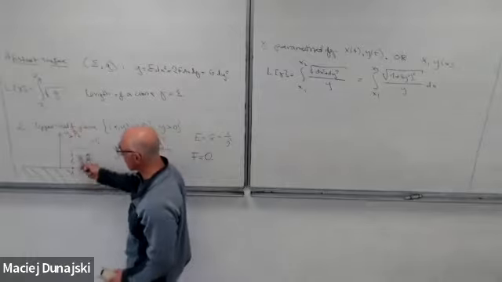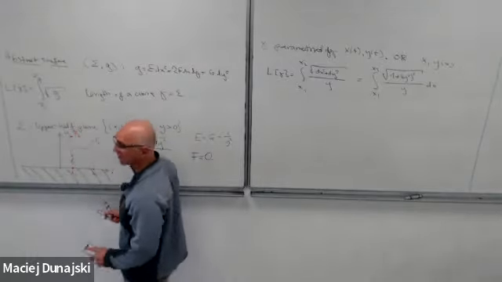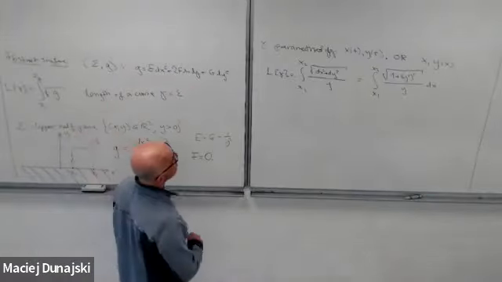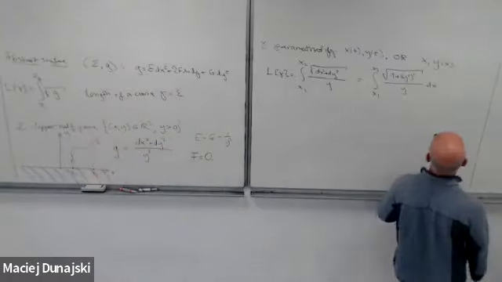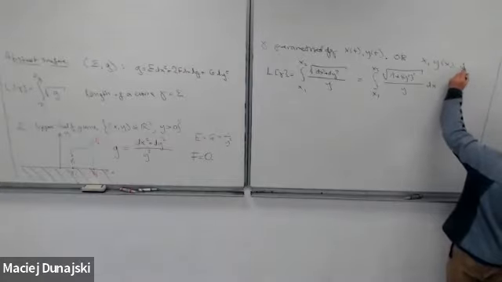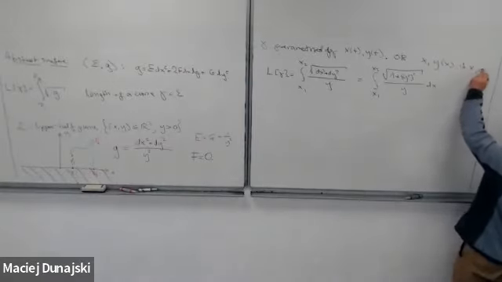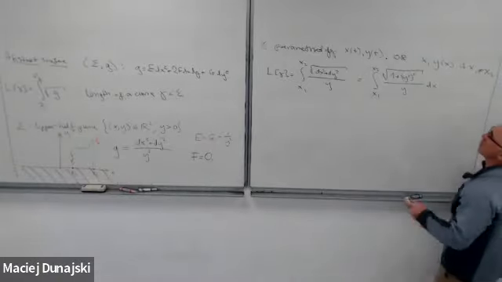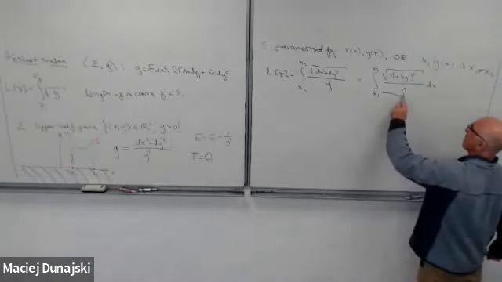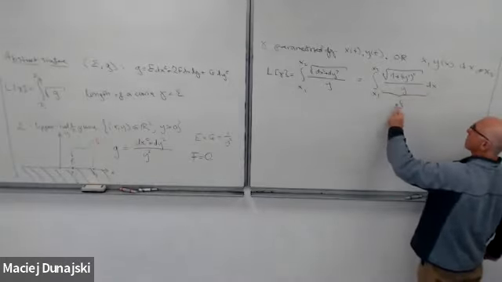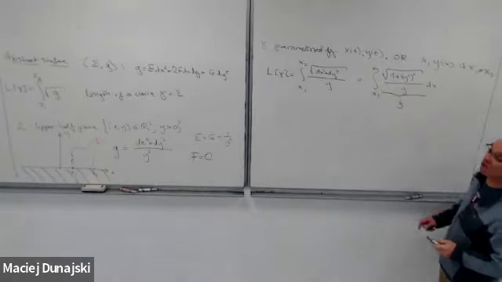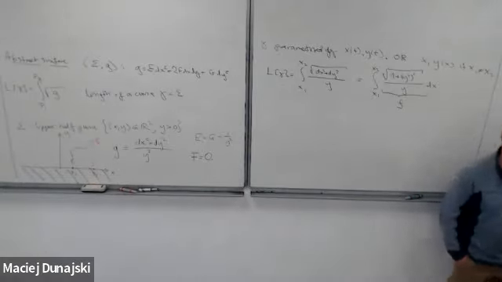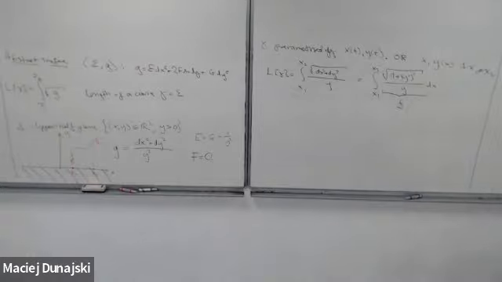But this is a special case, and I'm going to deal with that one at the end. Right? So I'm assuming that x1 is not equal to x2. Fine. So this is now our functional, well, this is now our Lagrangian f, which I'm going to put into the Euler-Lagrange equations.